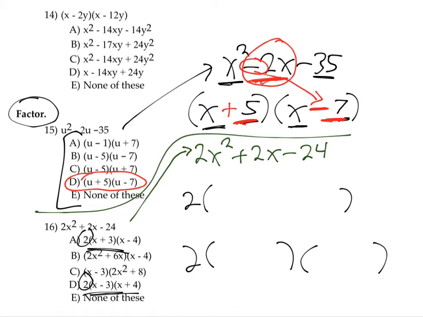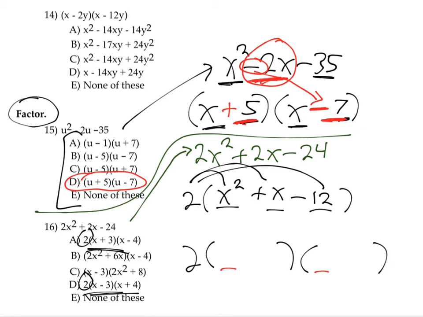Try that first. So what goes on the inside? 2 times x squared, 2 times x, and 2 times minus 12. Okay, good. And now we say, okay, front times front to make front. What times what makes x squared? X and x. And last times last to make 12.